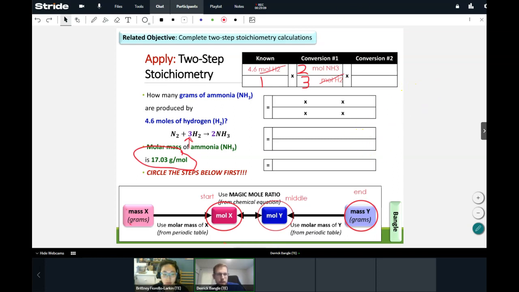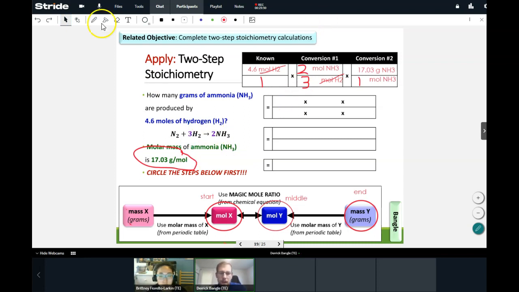So we're just going to plug it in, and that's going on the top. So 17.03 grams of NH3, because that's the other part of the fraction. So moles of NH3, and it's per mole, so it's implied that it's just 1.